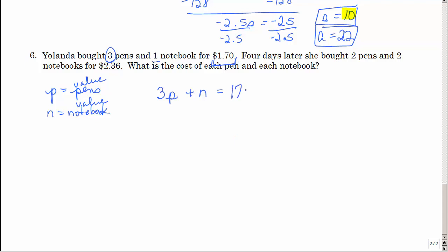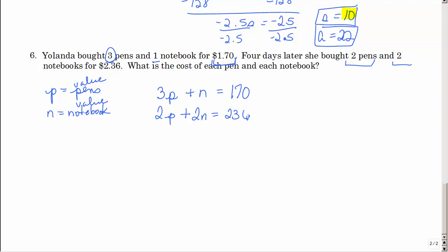I think I'm going to take out those decimals. 4 days later, she bought 2 pens and 2 notebooks for 236 cents.